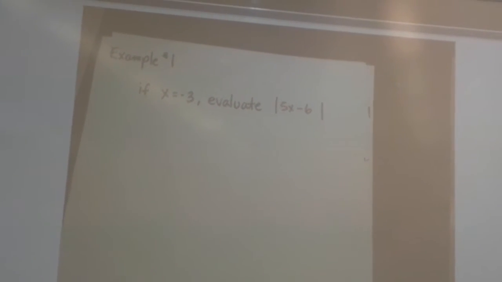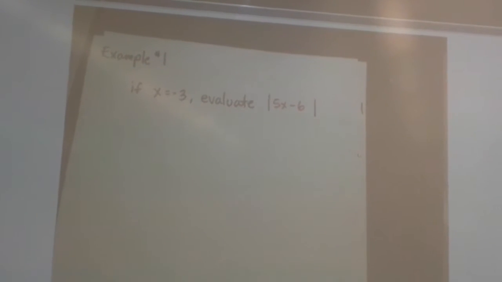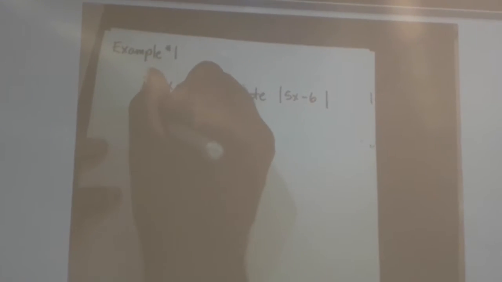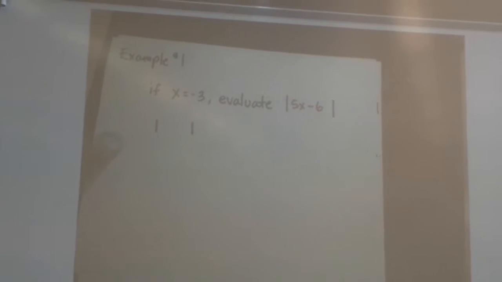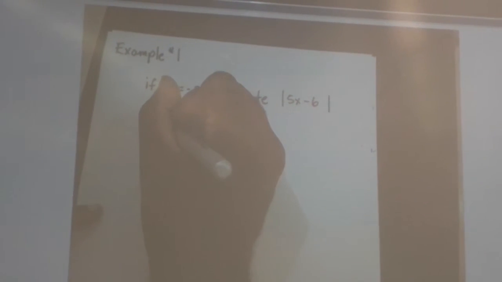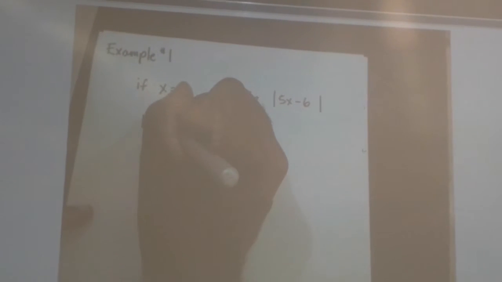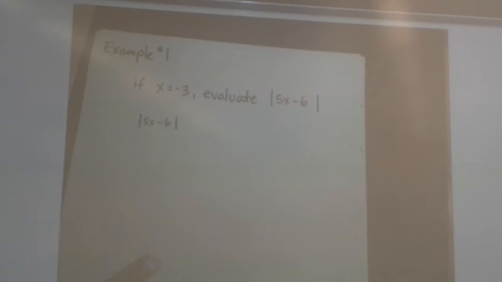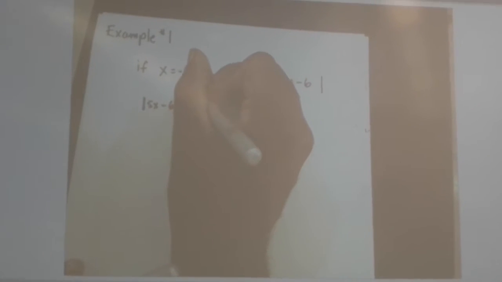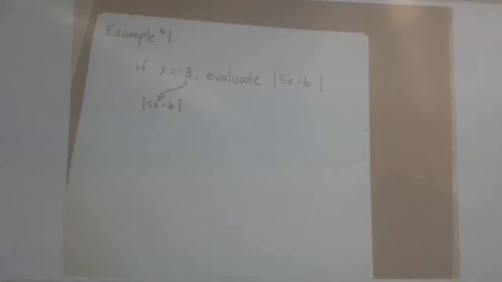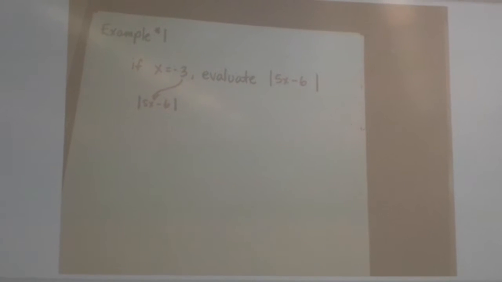So therefore, I have the absolute value of 5x minus 6. So now I have to put the 3 in for x, which makes that a negative 3.